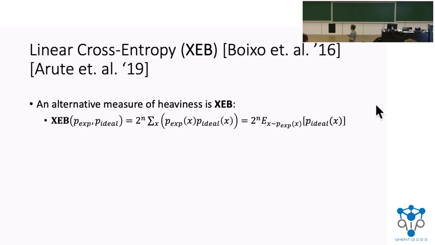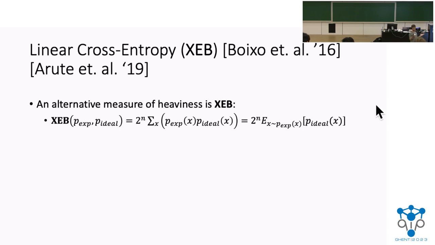And then there's also p-ideal. That's the ideal distribution of the random circuit if the algorithm made no error, if the experiment made no errors whatsoever. Okay, and then XEB is simply essentially a dot product of these two distributions, of the probabilities of these distributions, if you think of them as 2 to the n dimensional probability vectors, times this 2 to the n quantity, which is just normalization.